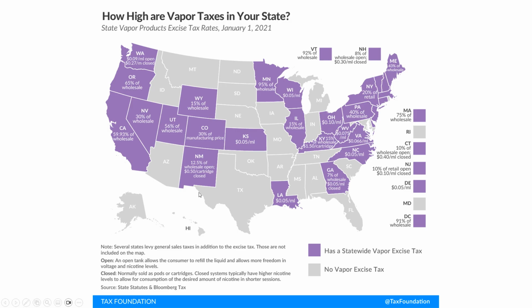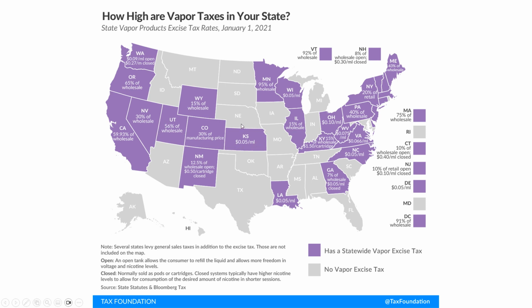All right. A lot of states have imposed excise taxes on vaping. And it's interesting to see that in some cases it's a percentage, and in other places it's a flat, cents per milliliter. So just comparing, for example, Colorado, 30% of the manufacturing price. Some places do it on wholesale.